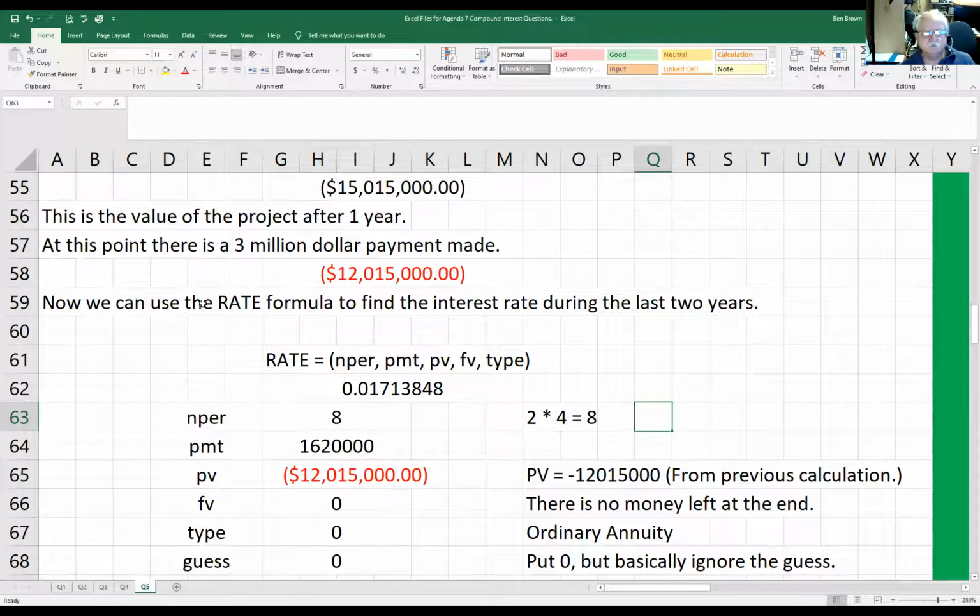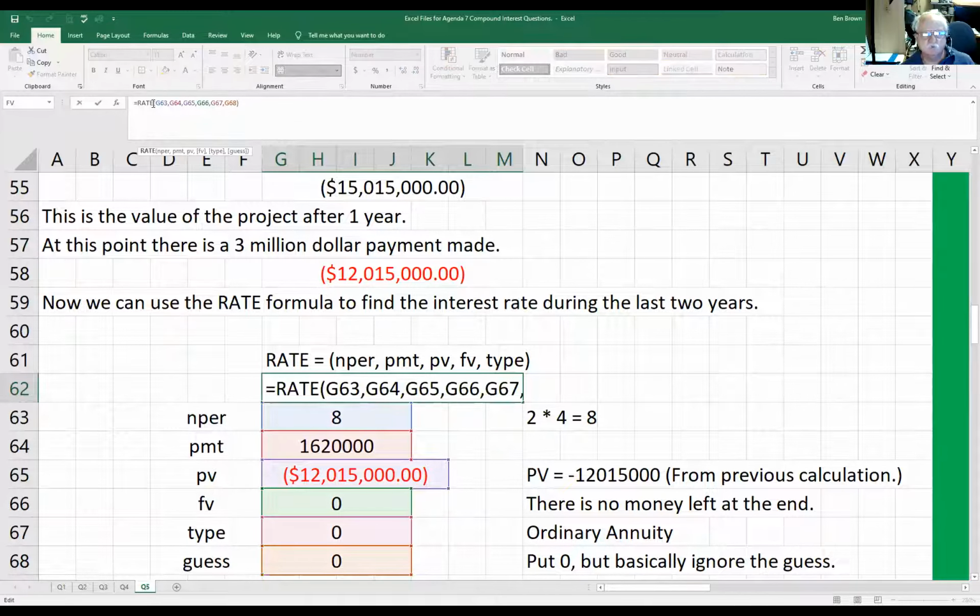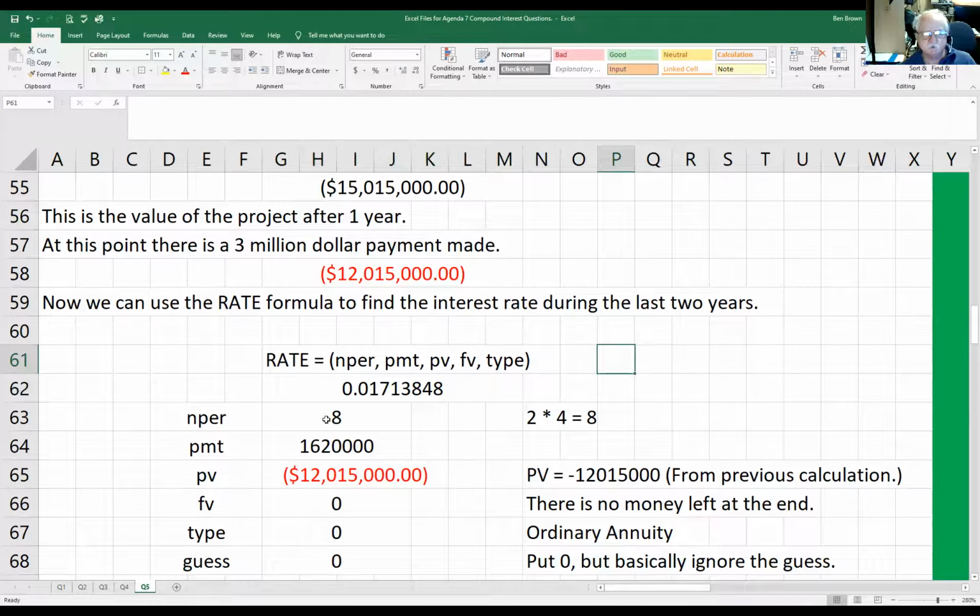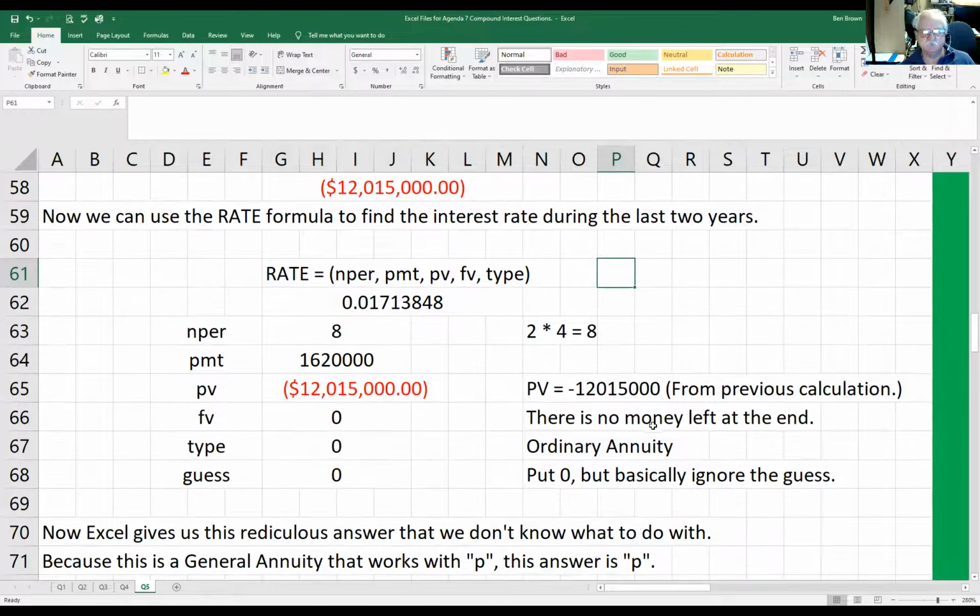Then we can use the rate formula. So the rate equals N, per payment, present value, future value, type, and guess. This is 2 years quarterly, so it's 8 payments.